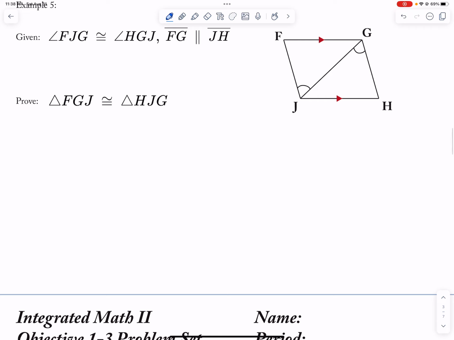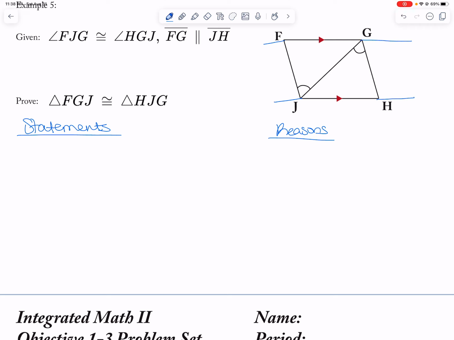Okay, so example 5, again, statements, reasons. Ooh, looks like parallel lines. I wonder if they got to use the parallel line theorem. Let's see, so here's parallel lines cut by a transversal.